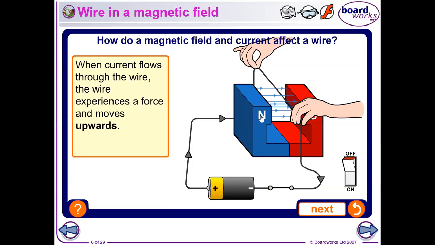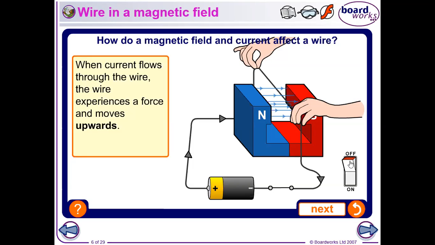And if you've got 2 north poles, you get repulsion. If you've got north and south, you get attraction. So if we have a magnetic field around the wire, that magnetic field will interact with the magnetic field of our magnet, and it will cause movement, attraction or repulsion.